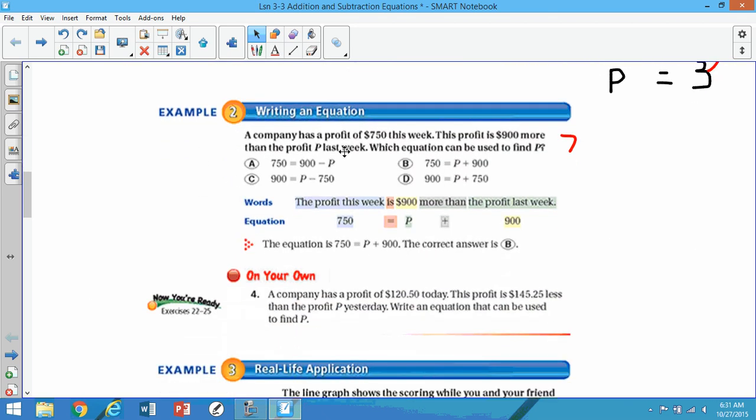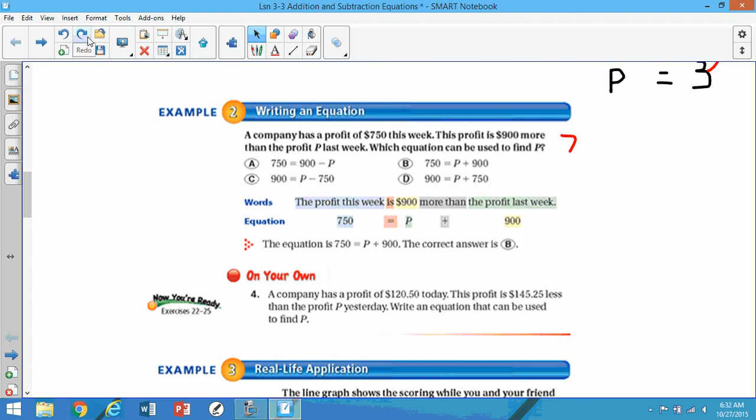Okay, example 2. Example 2 is using a word problem and then creating an algebraic equation and then solving it. So in this problem, they have a company has a profit of $750 this week. This profit is $900 more than the profit P last week. Which equation can be used to find P? So here you would write the equation 750 equals P plus 900. And then you could solve that by doing the opposite.